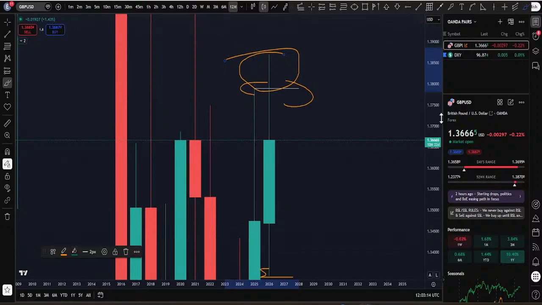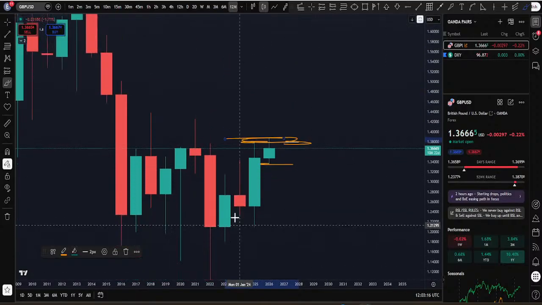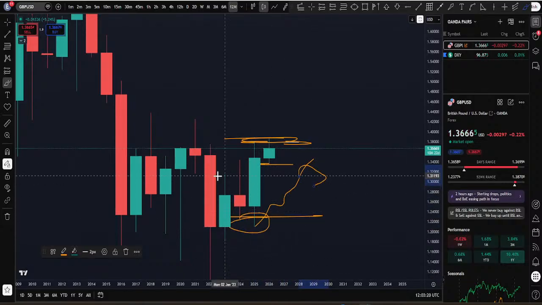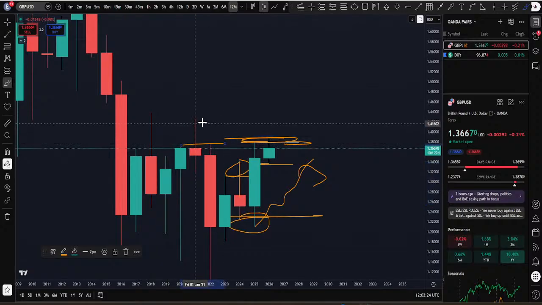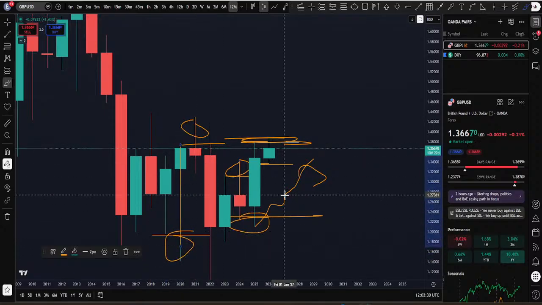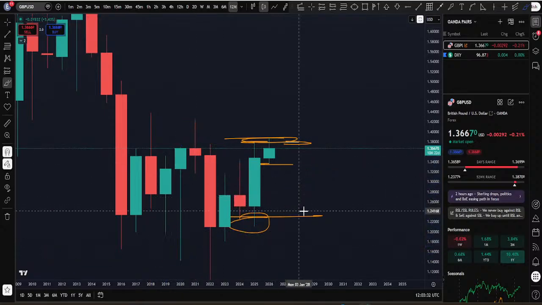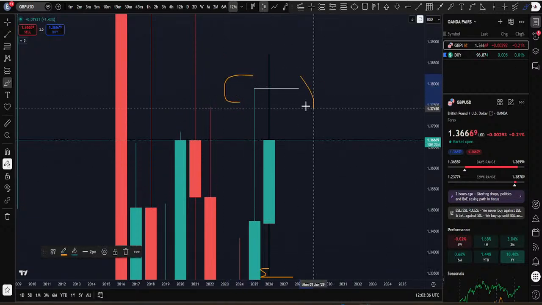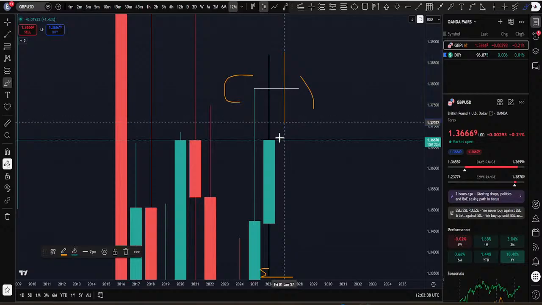Price goes underneath here, and we eventually turn around. Price goes above here, and we eventually turn around. So we are anticipating that since we have taken out this high, it makes sense if price is going to turn around from here.